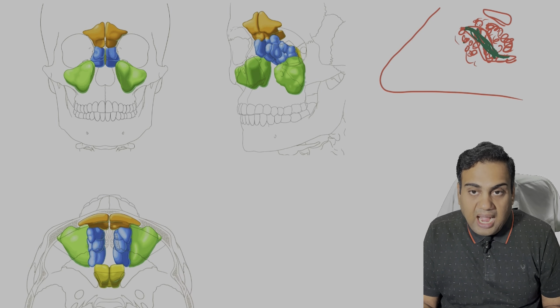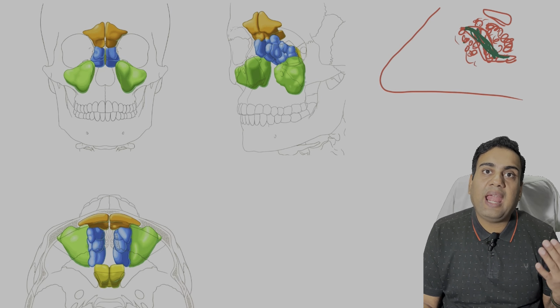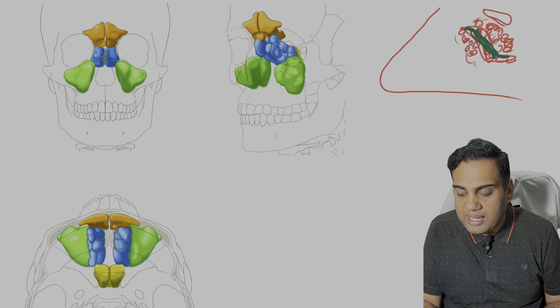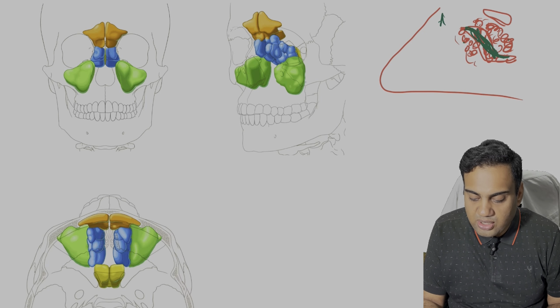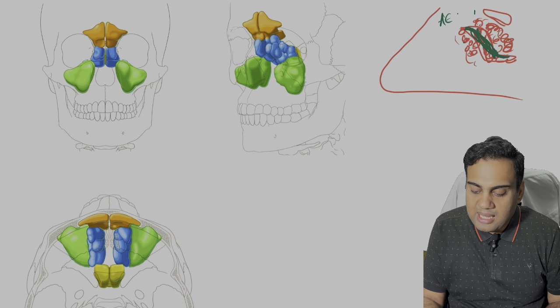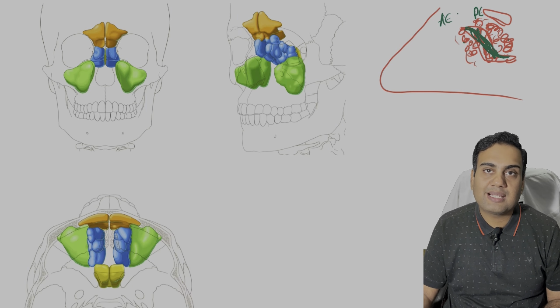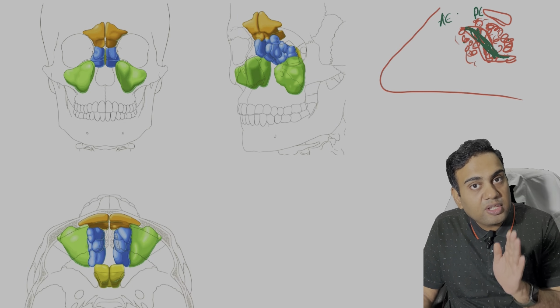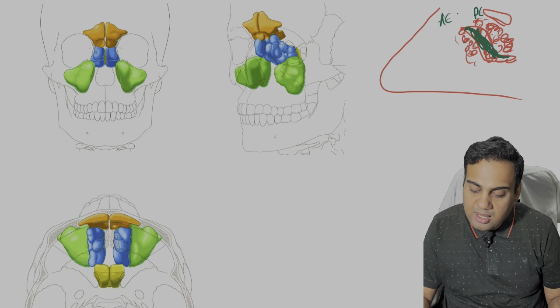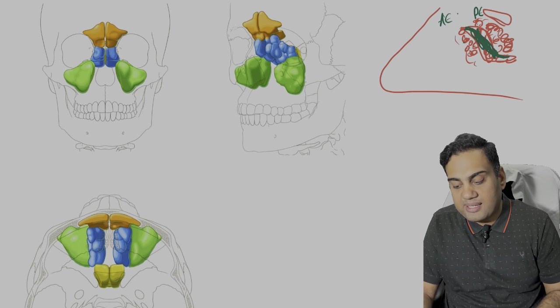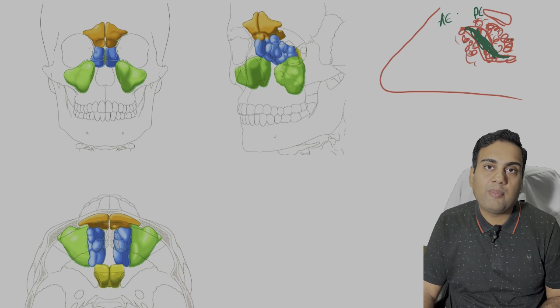तो ये जो मिडिल टर्बिनेट है, ये is like a division. जो एयर सेल्स इसके आगे होते हैं वो होते हैं एंटीरियर इथमॉइड एयर सेल्स, और जो एयर सेल्स इसके पीछे होते हैं वो होते हैं पोस्टीरियर इथमॉइड एयर सेल्स। So these are your anterior ethmoid air cells and these are your posterior ethmoid air cells. So anterior ethmoid air cells open in front of the ground lamella, whereas posterior ethmoid air cells open behind the ground lamella.